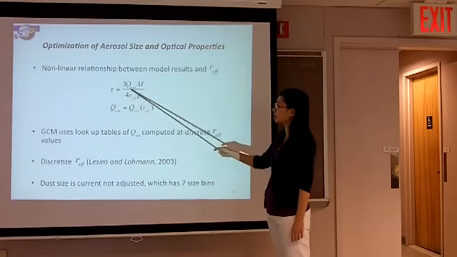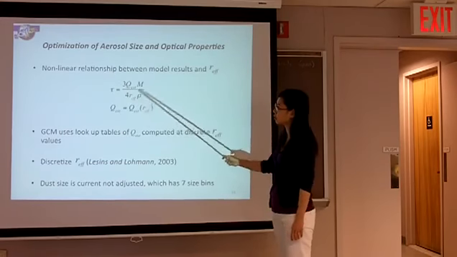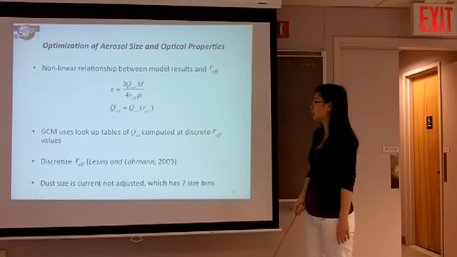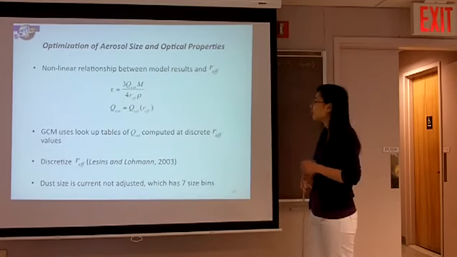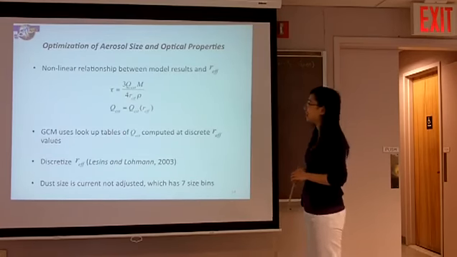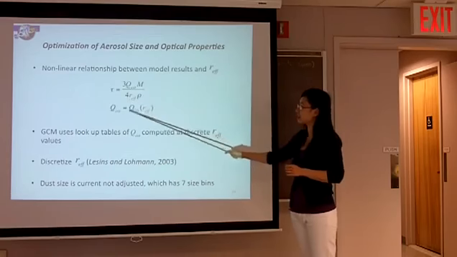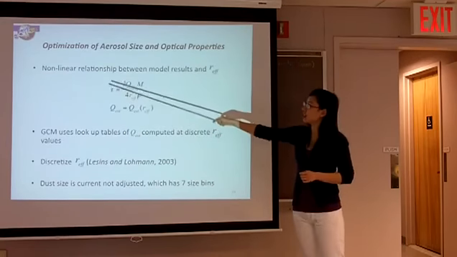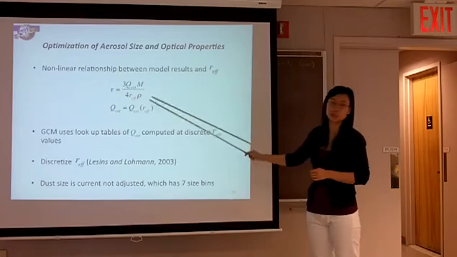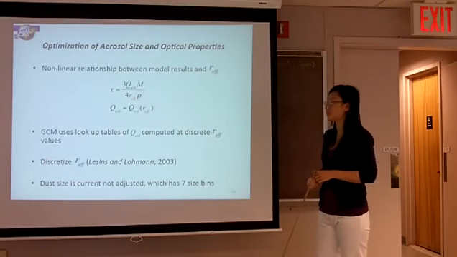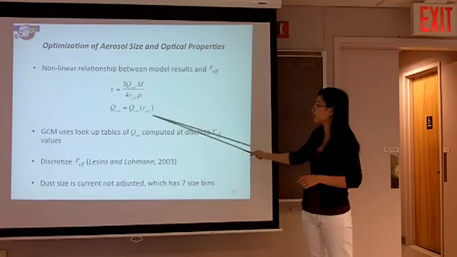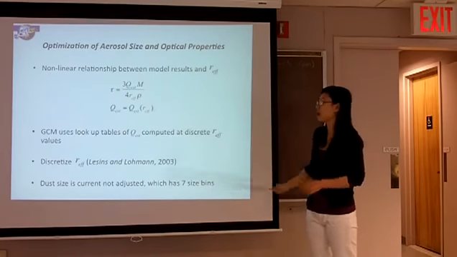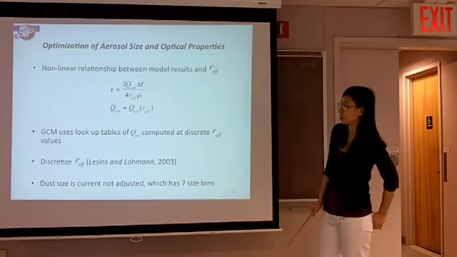So the treatment of this effective radius is discretized, because the extinction coefficient is nonlinearly related to effective radius. In the model, we use a lookup table of this value computed at discrete effective radii. So here we use a similar approach.